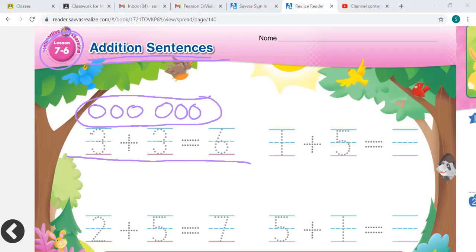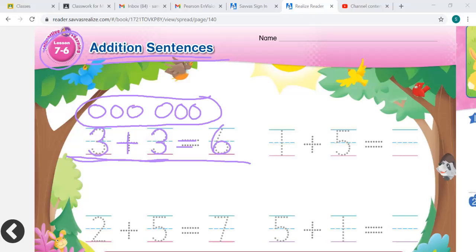So we have 3 in one group. We have 3 in our second group, and we are going to join them. So we're going to add our plus sign. 3 plus 3 equals 6, the sum.